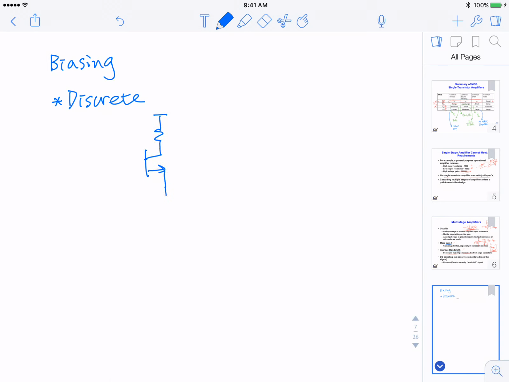For example, for a common source, you set up a resistor divider that generates the bias for the gate. In order to insulate that DC voltage from your input, you have a coupling capacitor. And for the output, you have a coupling capacitor because this may be feeding to the next stage.